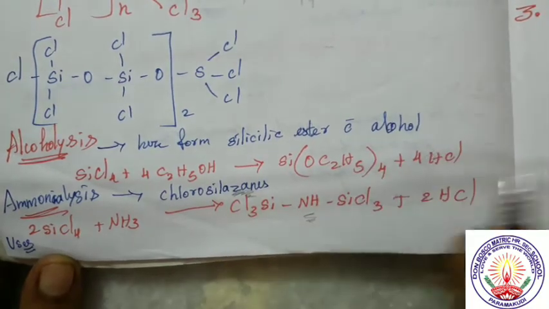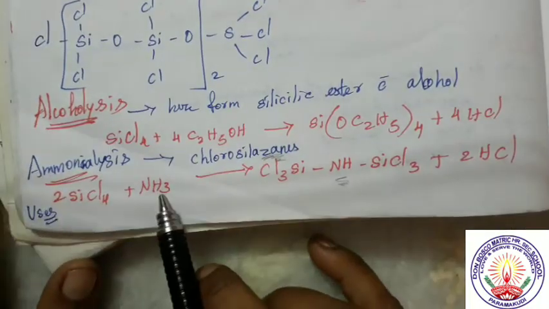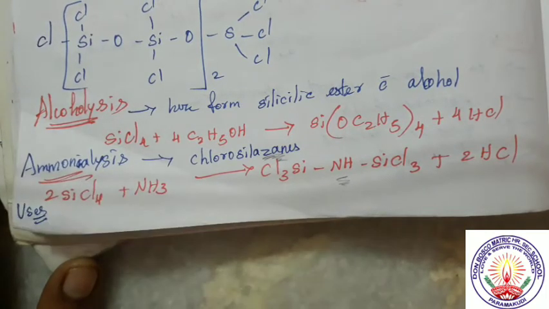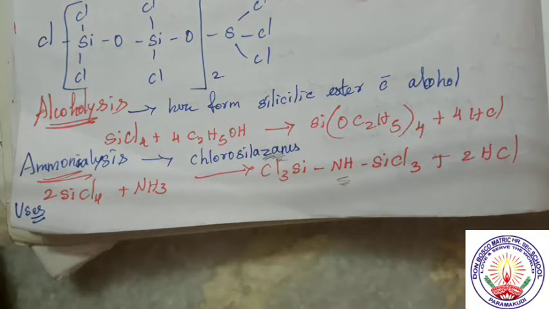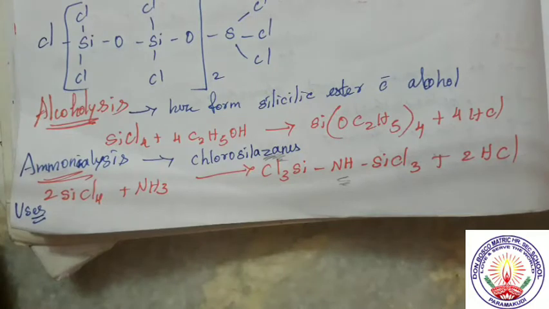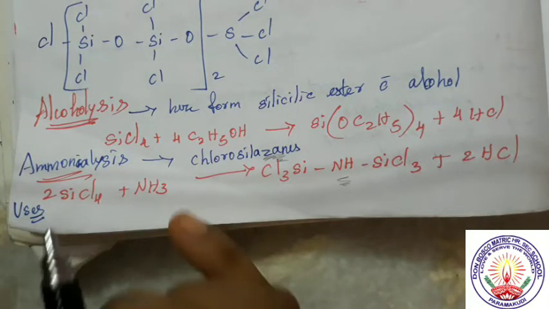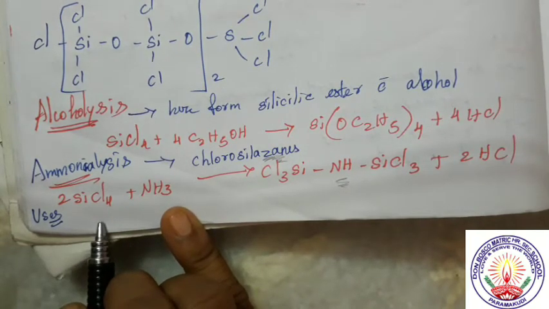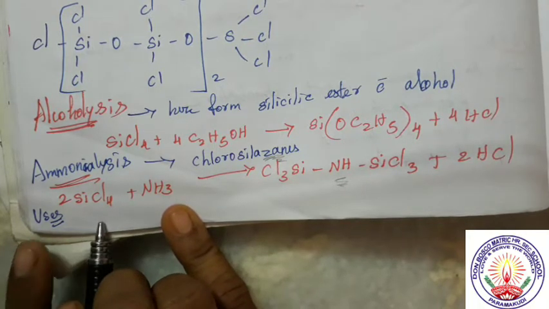Next we shall see the uses of this silicon tetrachloride. It is used in preparation of silicon semiconductors, and also it is used in synthesizing silica gels, silicic esters, and all.